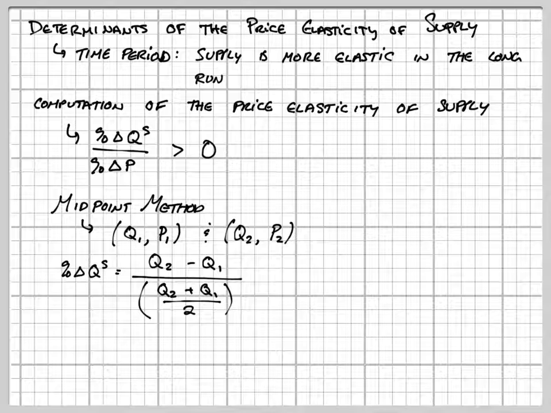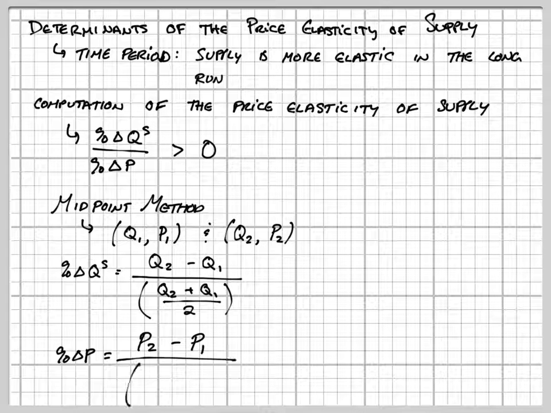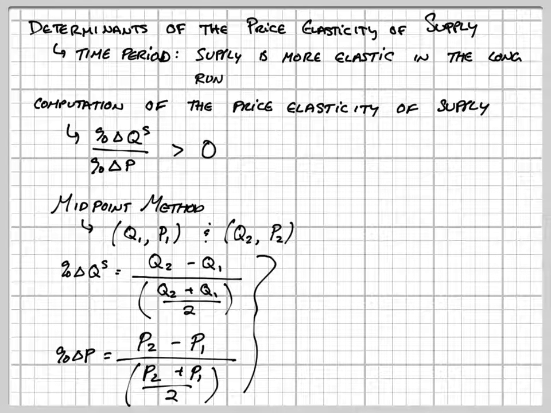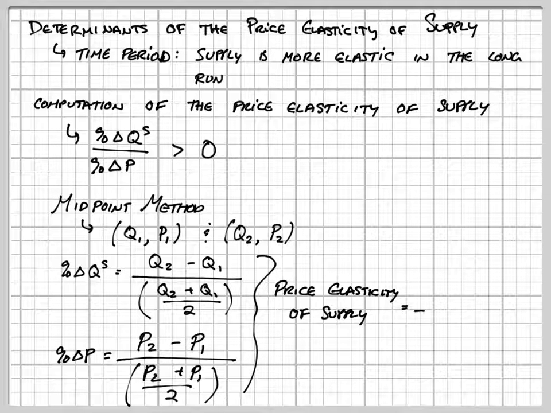And the percentage change in price is P2 minus P1 divided by P2 plus P1 over 2. And so the price elasticity of supply is equal to the ratio of that math.